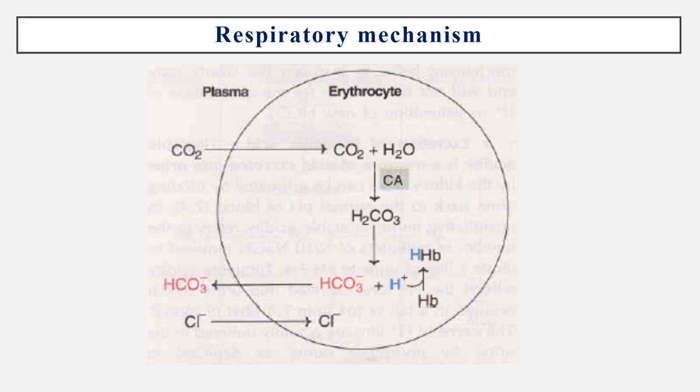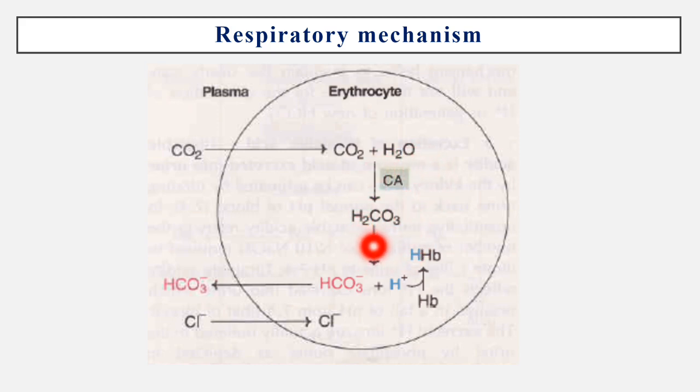You can observe here. In the RBC, plasma carbon dioxide enters the erythrocytes. This carbon dioxide combines with water to form carbonic acid by the enzyme carbonic anhydrase.